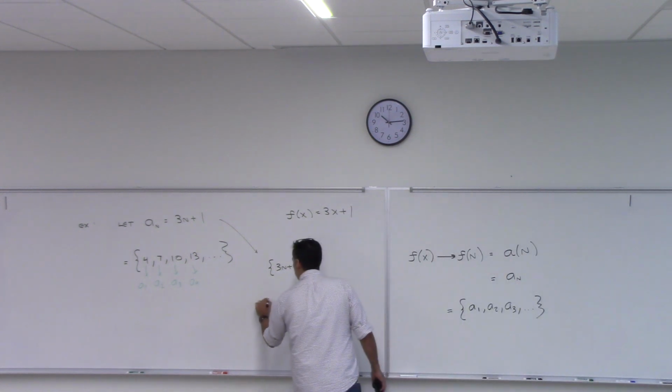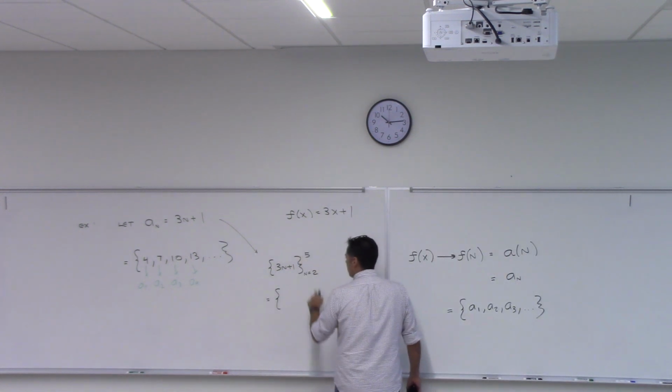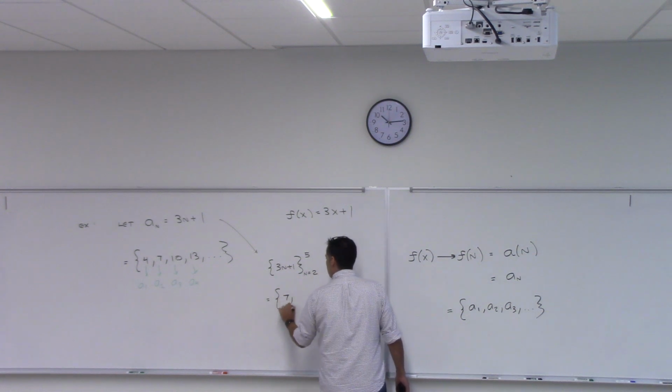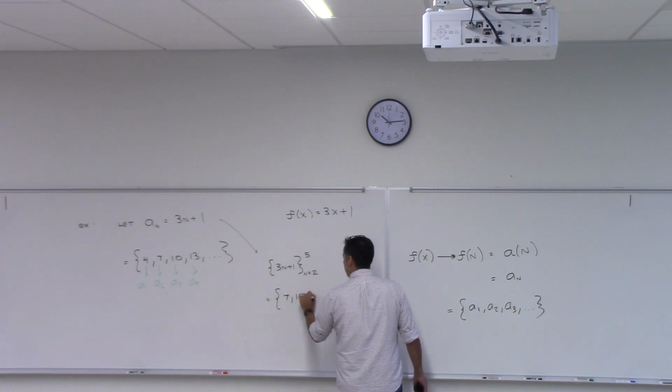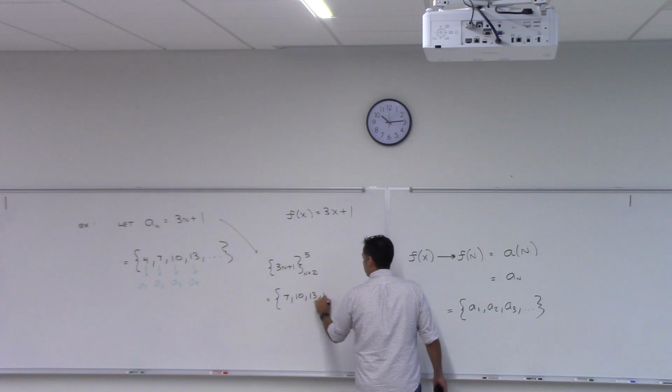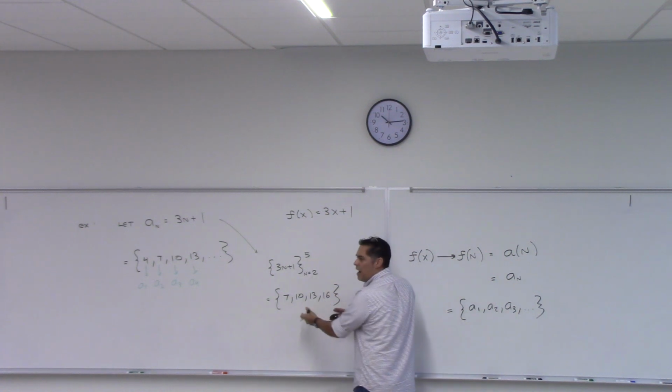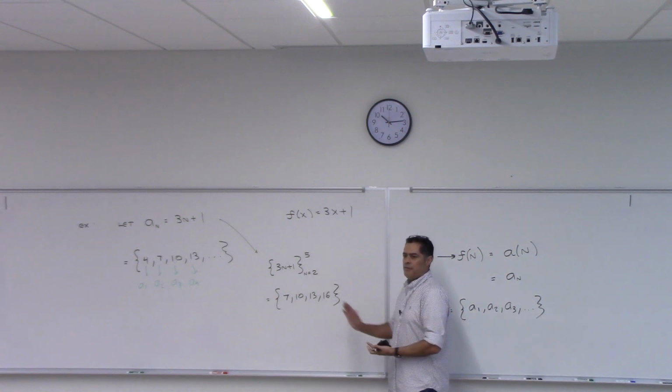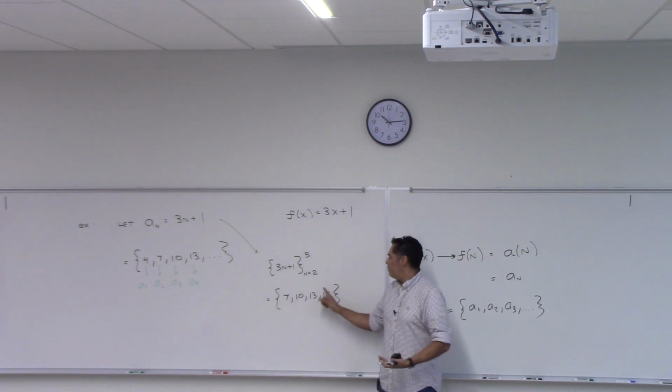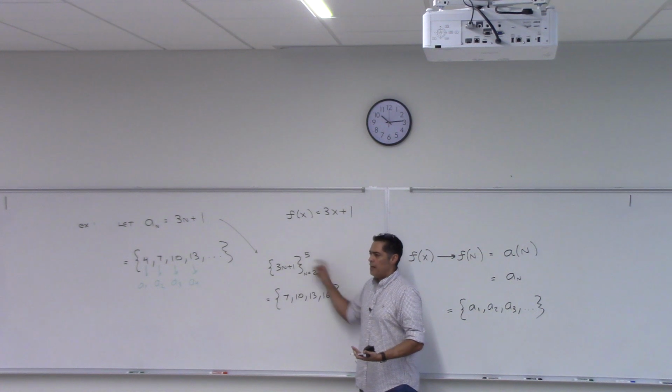Okay, so this should generate this sequence of numbers. 2 goes in first, you get 7, then 10, then 13, then 16. That's it, right? As a finite sequence, finite number of terms. So I plugged in 2, then 3, then 4, then 5. I stopped.